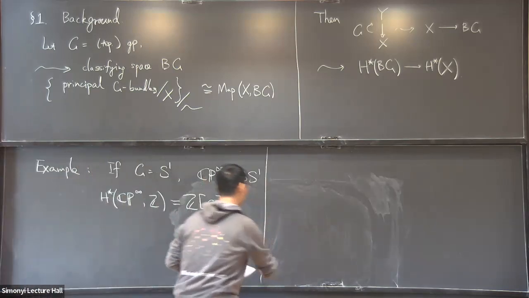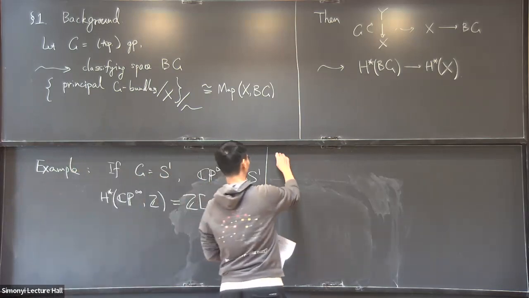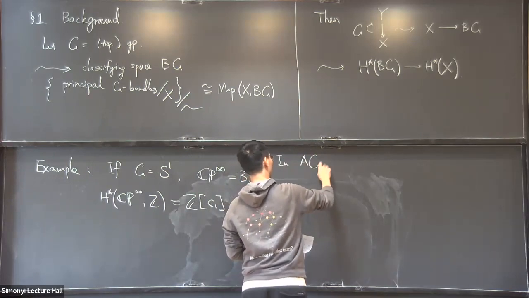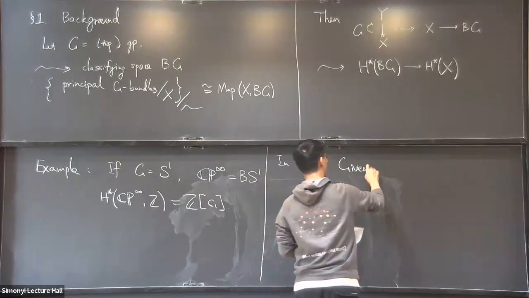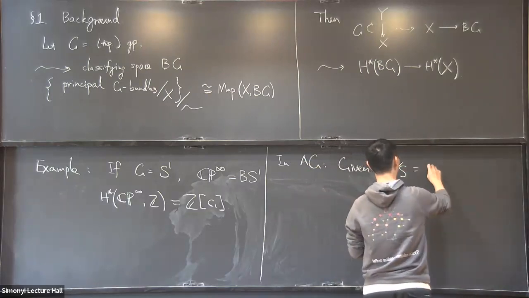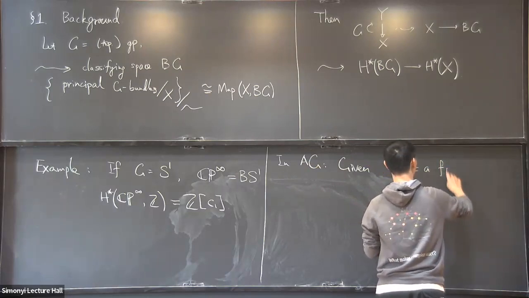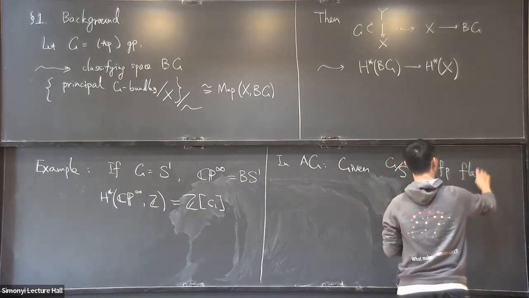And we can do the same thing in algebraic geometry. So now let's say you have G over S, which is a finitely presented flat group scheme.